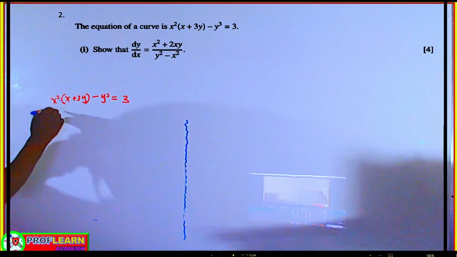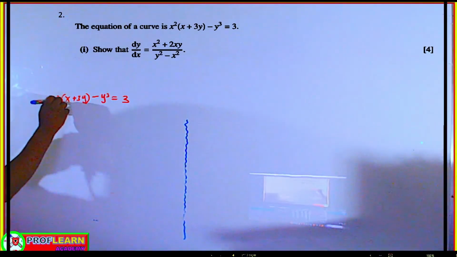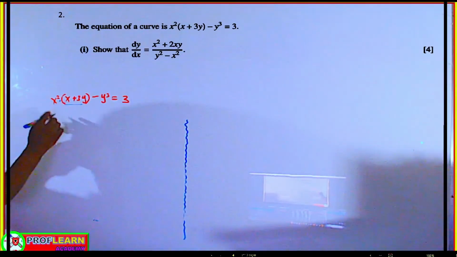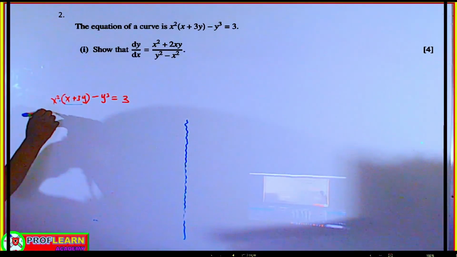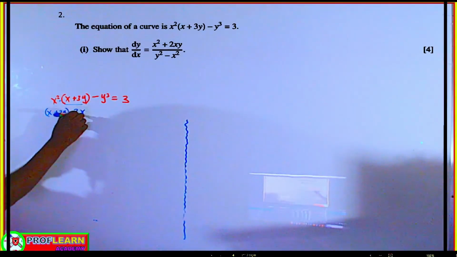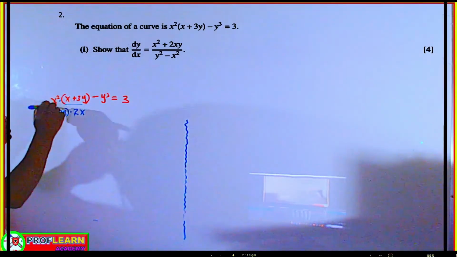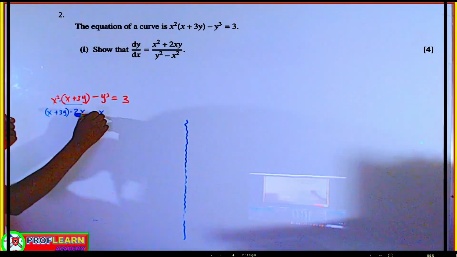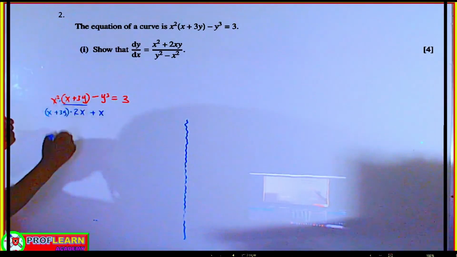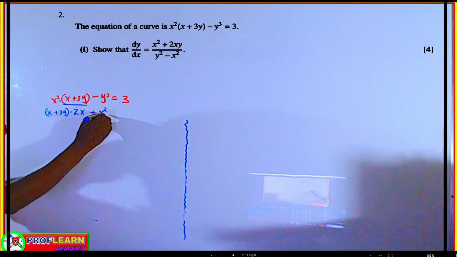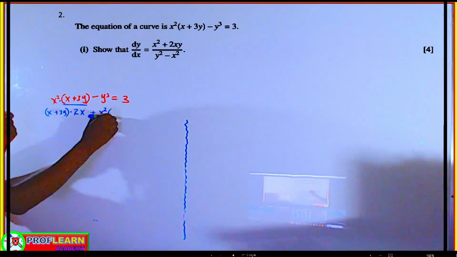So here, because we are going to differentiate this by product rule, we can keep this constant and differentiate the other part. We keep x plus 3y constant and differentiate x squared, and this is going to be 2x. Still on this first term, we keep x squared constant and then differentiate this part alone.